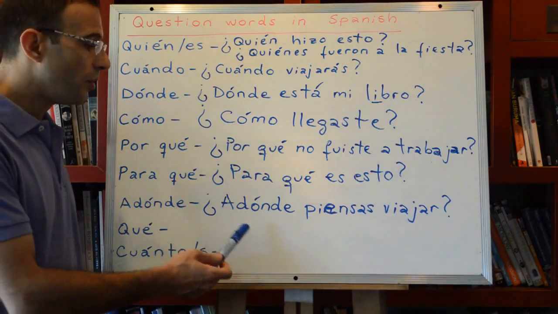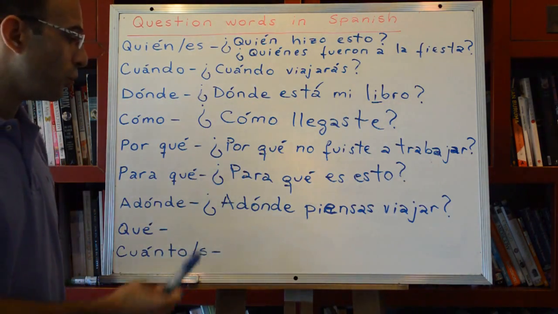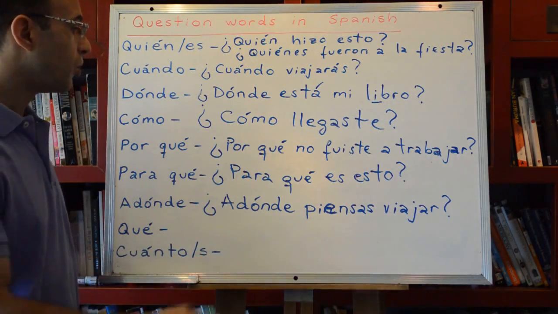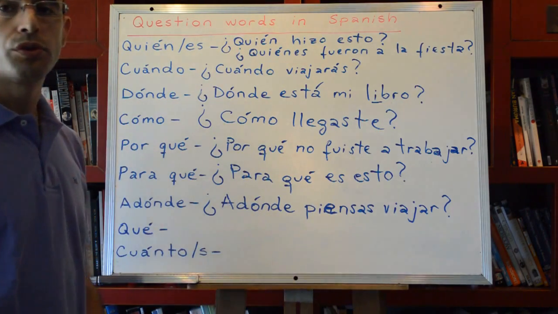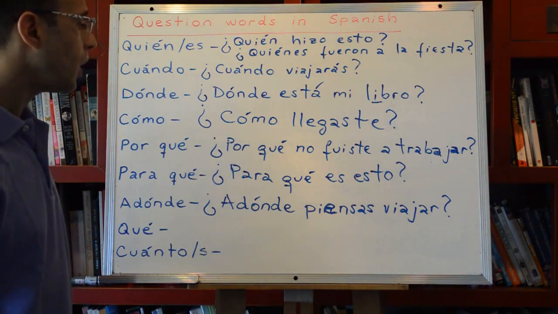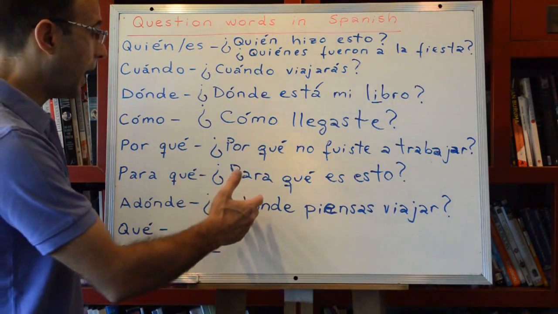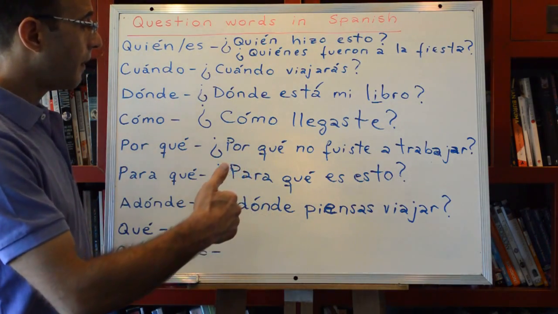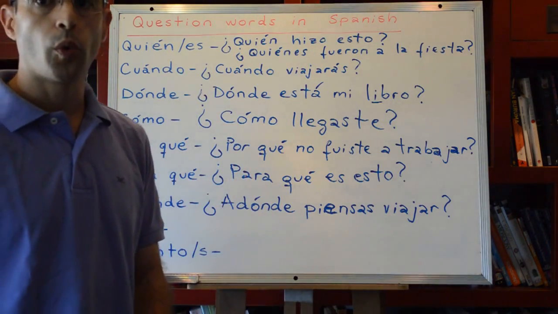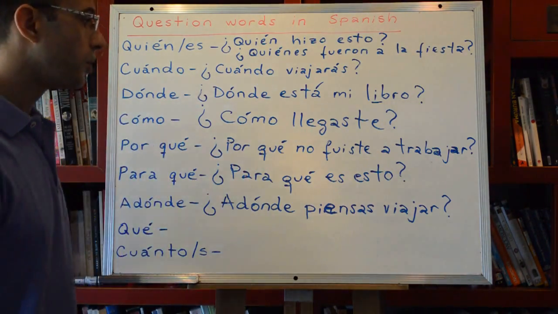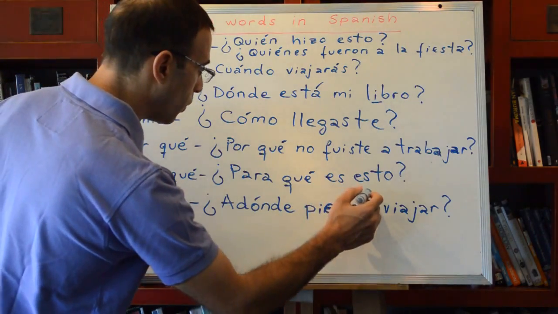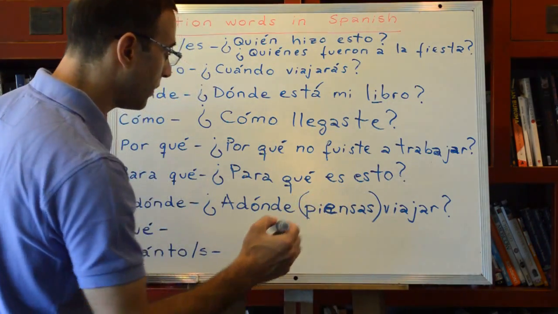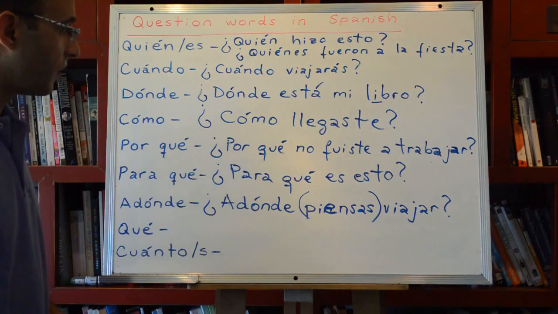So, a donde is where to, or to where, right? So, where are you planning to travel to? Okay? We can also simply ask, ¿a dónde viajarás? Where are you going to travel to? Actually, we can omit this and the sentence is still okay.